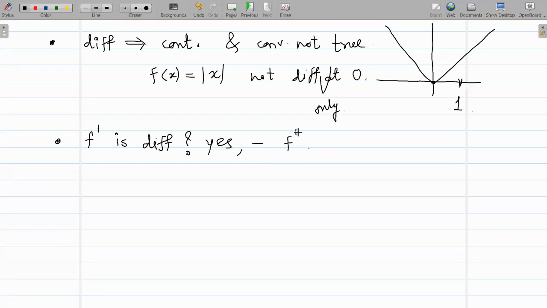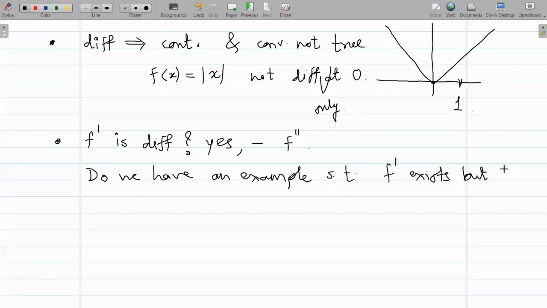I can keep calculating the derivative as much as possible. Now again, there are interesting questions: do we have an example such that f dash exists, but f double dash does not?